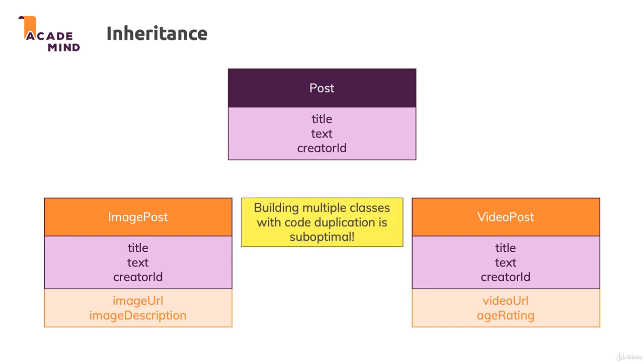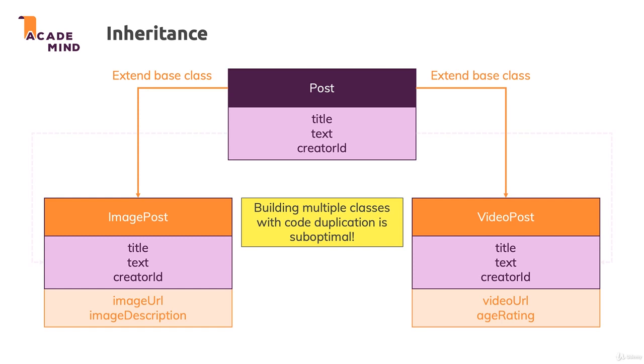So we can of course build multiple classes, but that's suboptimal because we duplicate a lot of code. All that purple code, title, text, creator ID, these properties, we duplicate them all the time. So instead, it would be nice if you could extend that base class, and of course you can do that in JavaScript, and therefore inherit all that purple stuff.